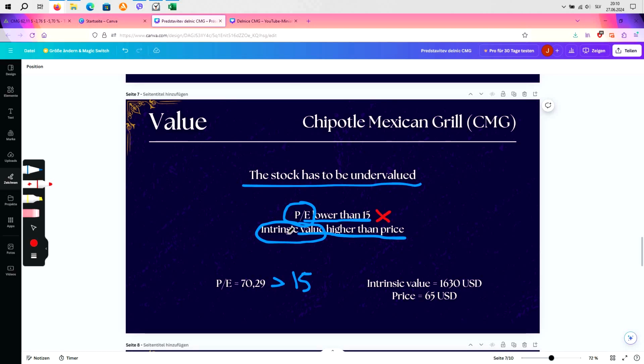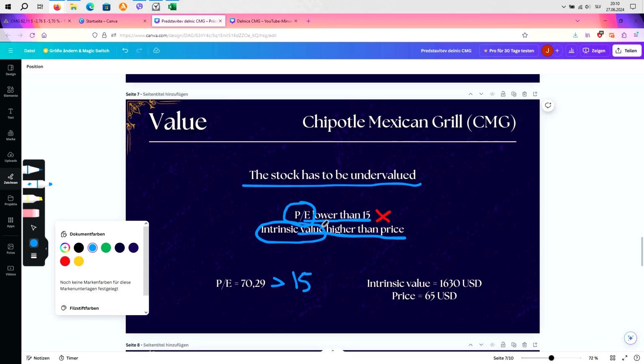Now, let's come to the intrinsic value, and here I want to have your fullest attention, bro, because this might be quite a complicated concept for a beginner investor, okay? Now, intrinsic value actually tells us what should be the fair price of this stock at exactly this moment, based on some calculations about cash flow, about, I don't know, income statement, about balance sheet, about basically all of the financials of the company.